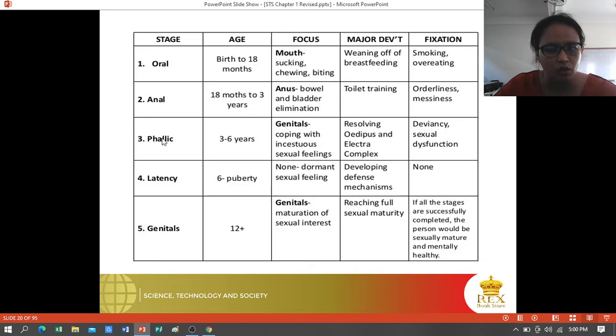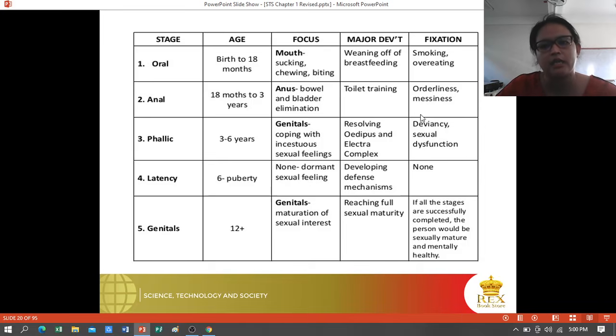Okay? So this is also applicable to other stages. So kagaya nitong phallic stage, pag hindi siya na-satisfy, he focuses on coping with incestuous and sexual feeling. So pag hindi siya na-satisfy, it will have a deviancy and sexual dysfunction maybe.